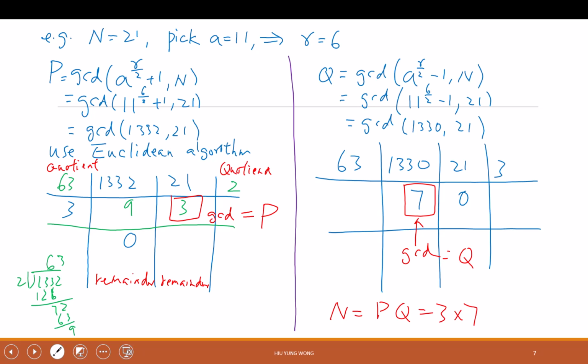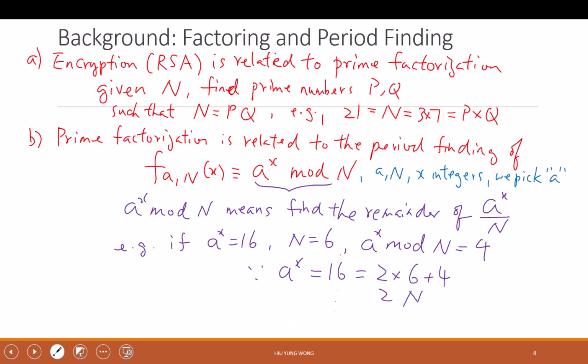Okay, so let's go back to what we have been doing. Our goal is that there's something called encryption, very cool. And encryption is related to prime factorization of a number. The prime factorization can be done if you can find the period of this function.